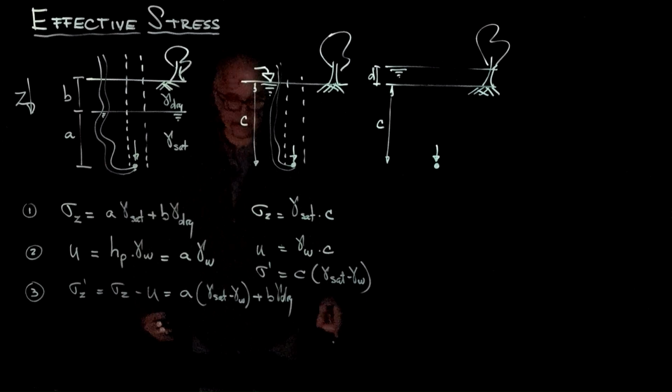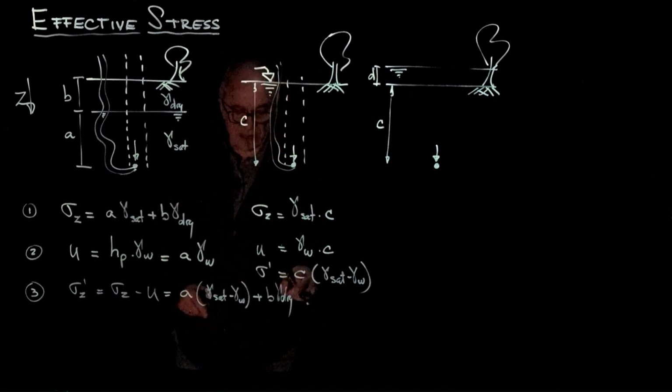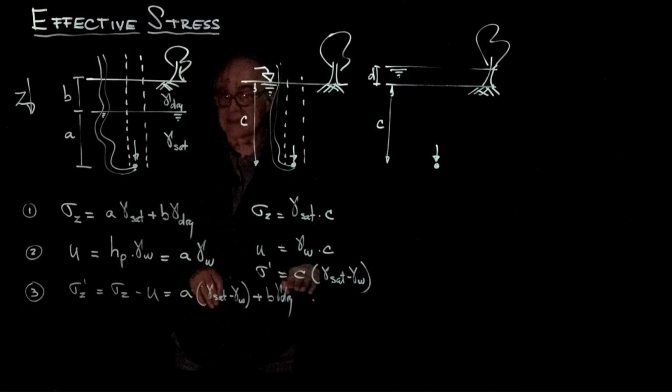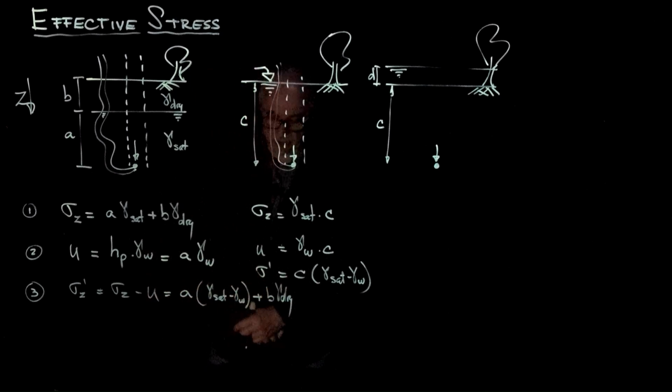You can convince yourself that as the water goes up, the effective stress has decreased because the pore pressure has increased. And in fact, this is what is going to come out of these equations.